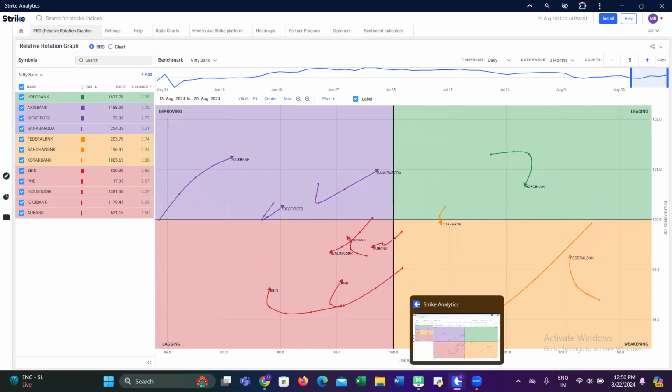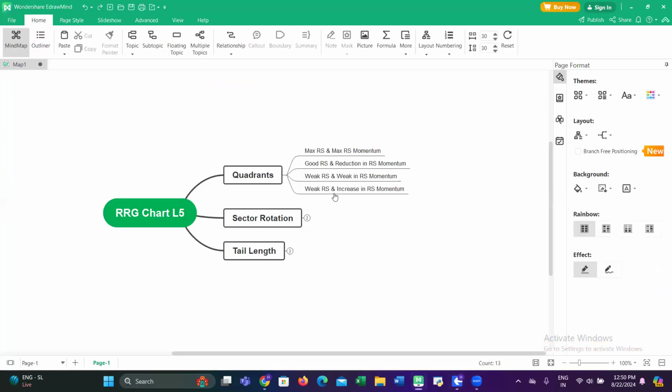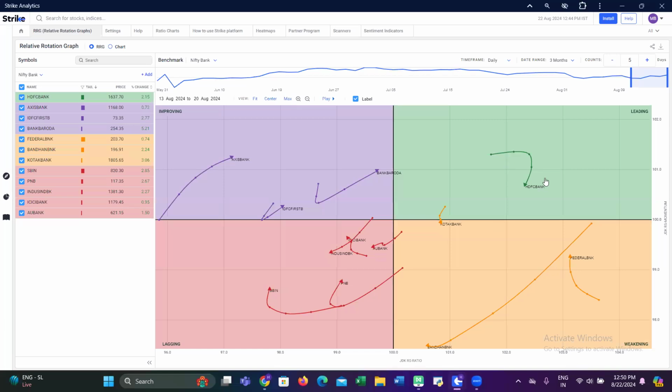Now, first things first, we are looking into quadrants. The first condition of a quadrant is maximum relative strength and maximum RS momentum. By now, I think everybody knows which quadrant this is. This is nothing but your leading quadrant, where you see maximum relative strength and maximum relative strength momentum.